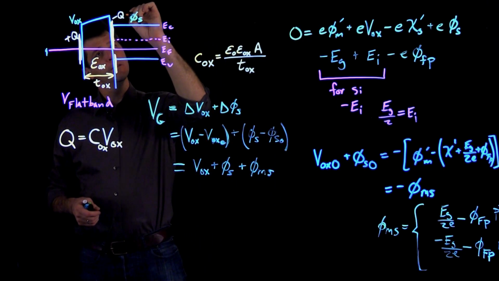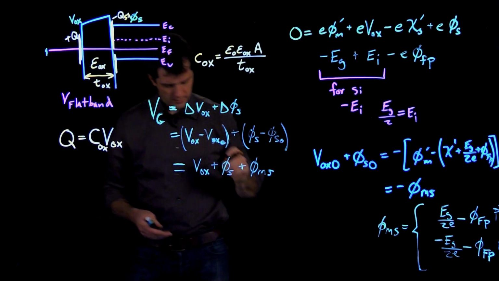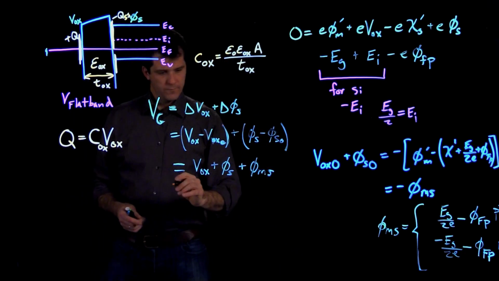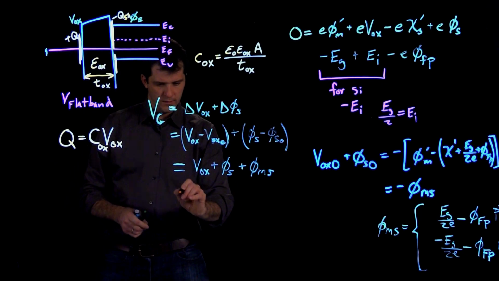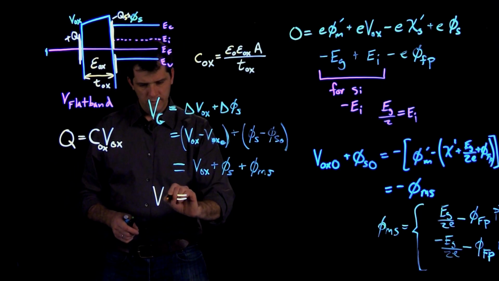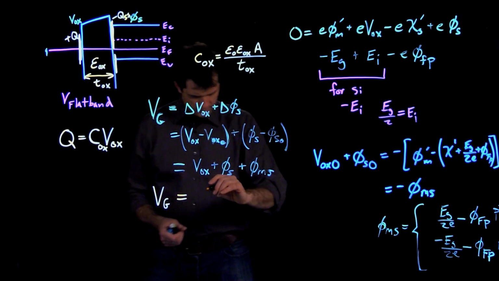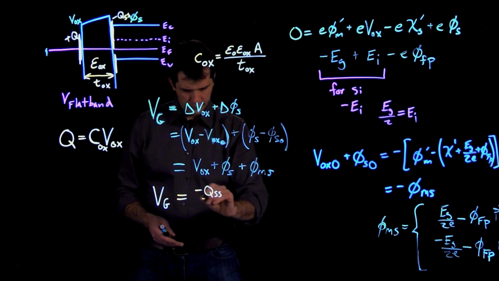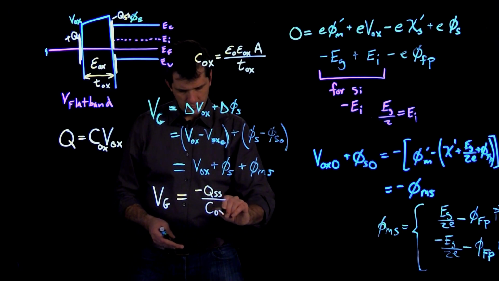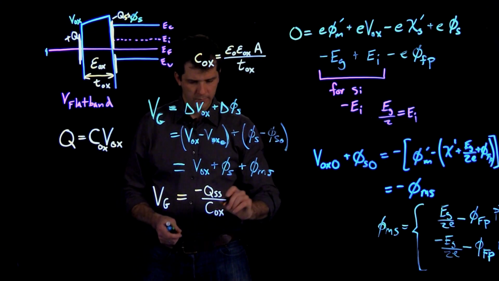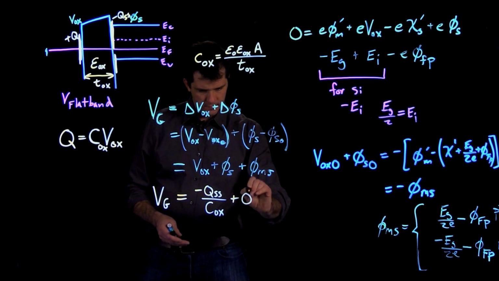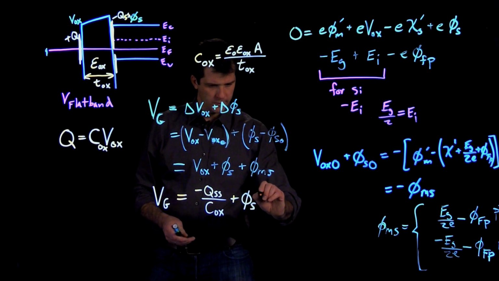And then if we define this as our surface charge in the semiconductor, then finally we can make the substitution back in for V ox, and we get V gate is equal to minus Q semiconductor surface over the capacitance of the oxide, which is just this formula here, plus the amount of voltage dropped across the semiconductor.